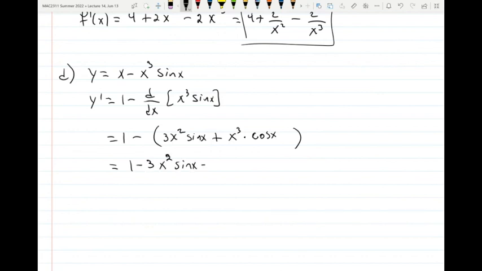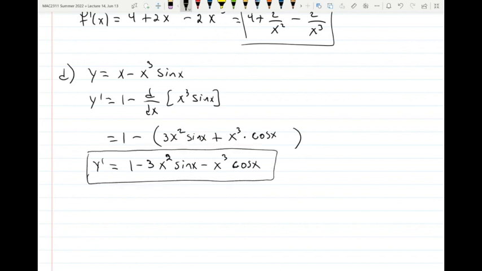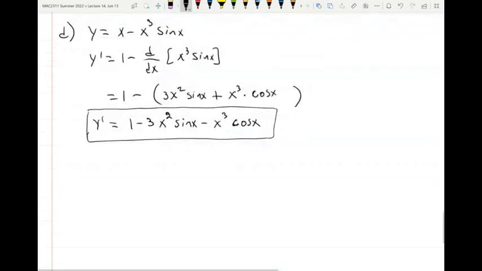Negative 3x squared sine x minus x cubed cosine x. Questions? Okay.